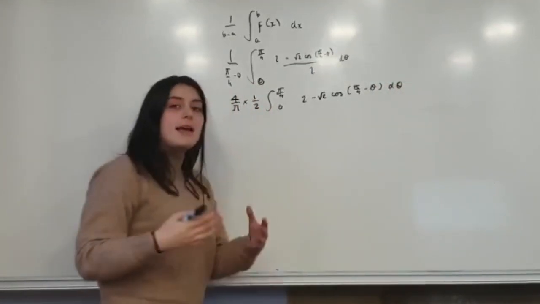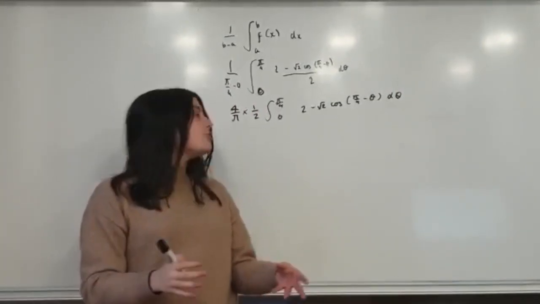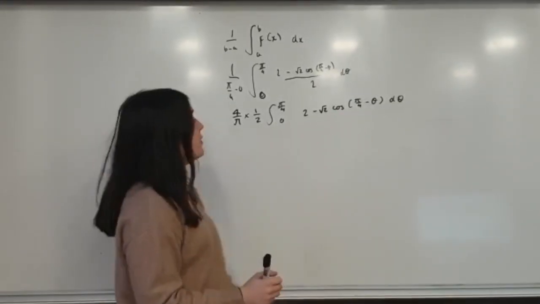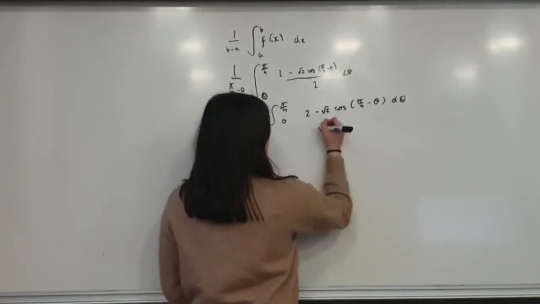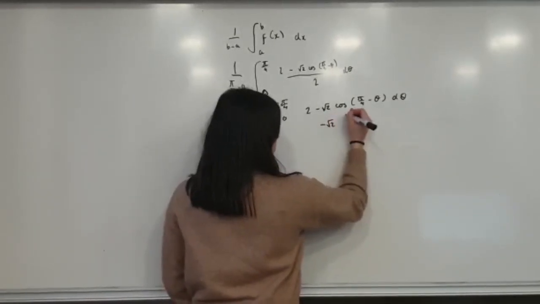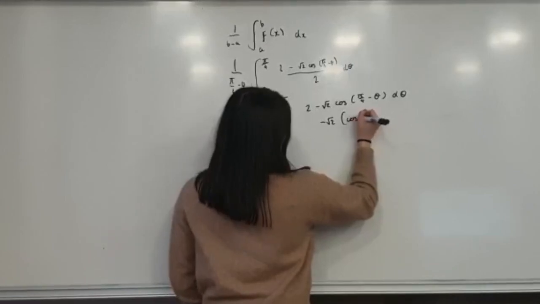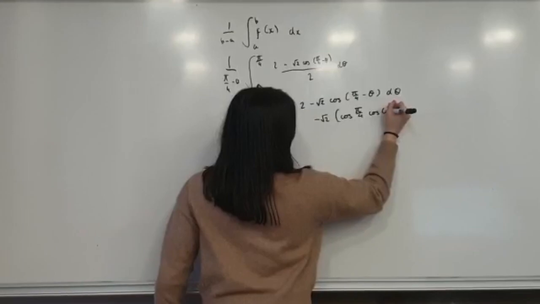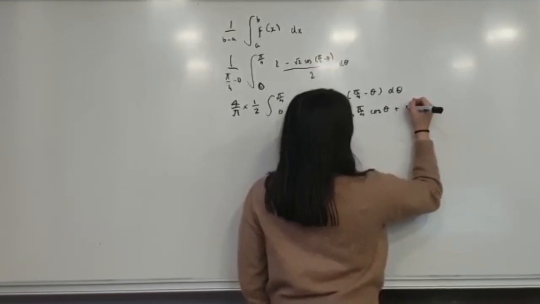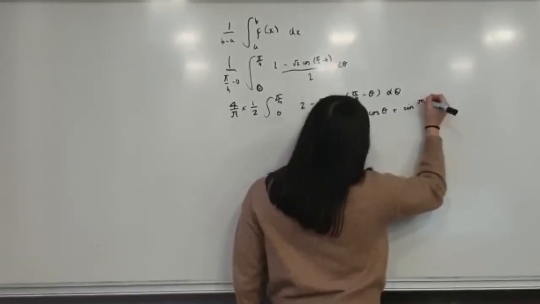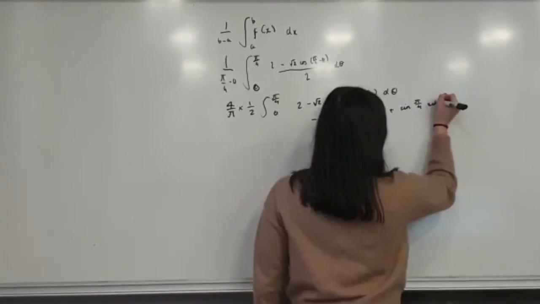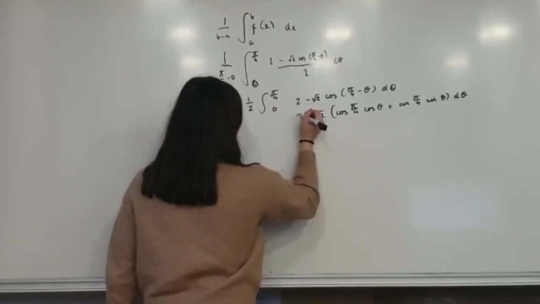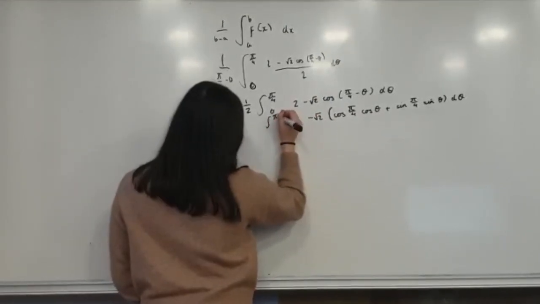Now, in A-levels we learn about the angle expansion, and we are going to apply the angle expansion of cosine here. So we are going to be left with minus root 2 cos pi over 4 cos theta plus sine pi over 4 sine theta.